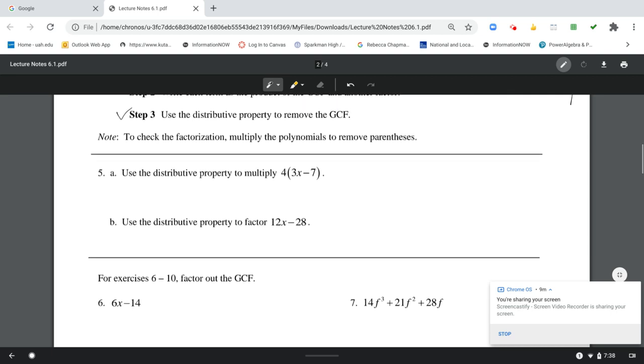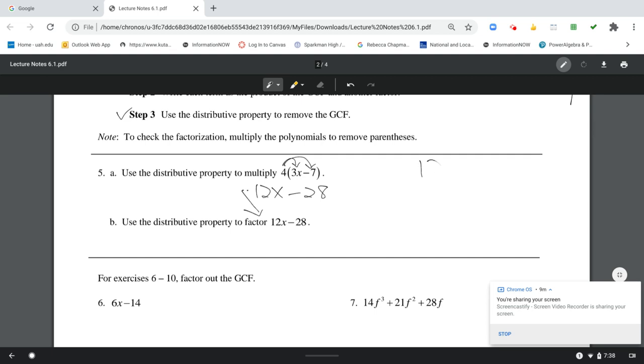Now, just to give you an idea of using the distributive property, here again, 4 times 3x is 12x, and 4 times negative 7 is negative 28. Now, to undo this, notice that this answer is the same as what they're asking you to do. So they're asking you to use the distributive property to factor, which means you've got to break up the factors.